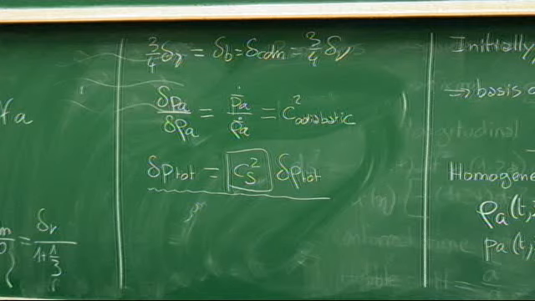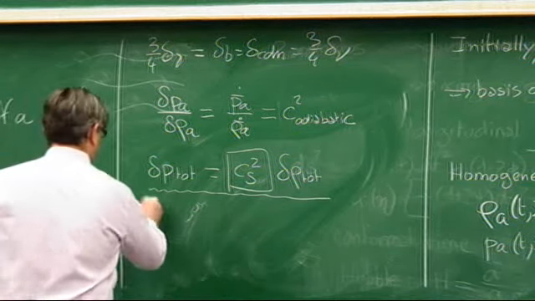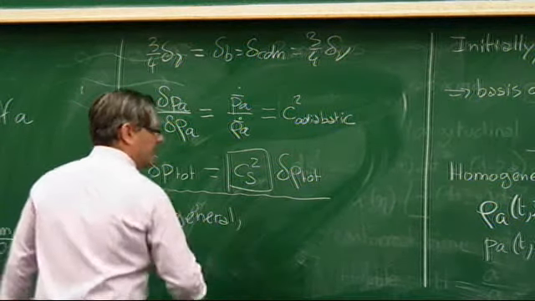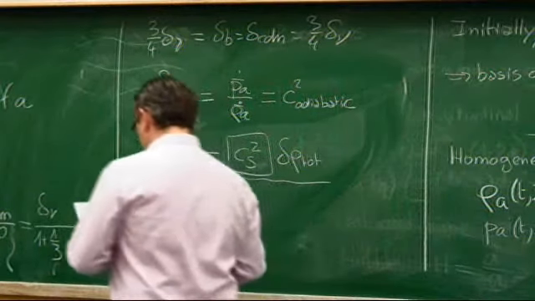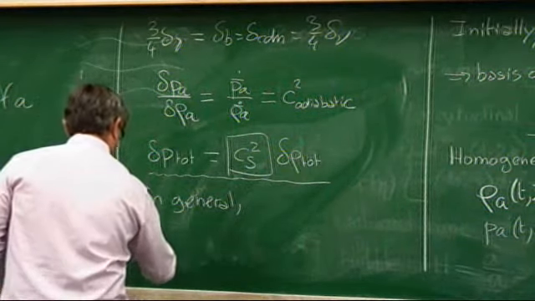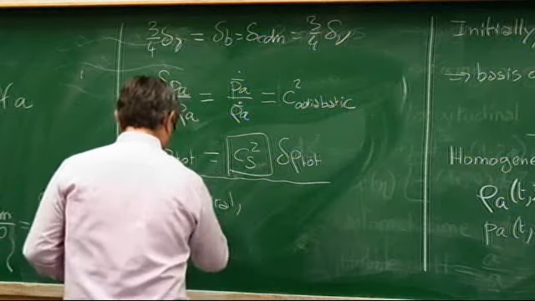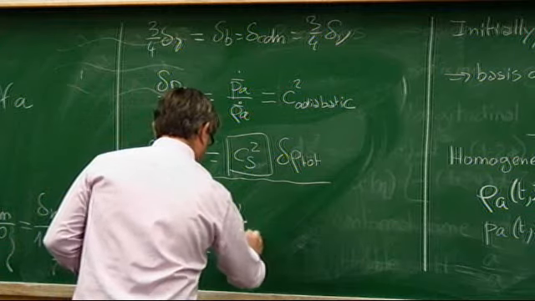This relation would not be true in general. We should insist on this. In general, if we don't start from such restrictions, we will find that delta P tot is simply the sum over all fluids of c_A squared delta rho_A.